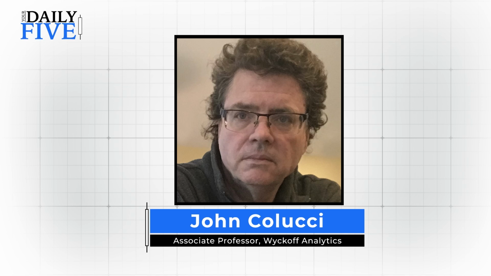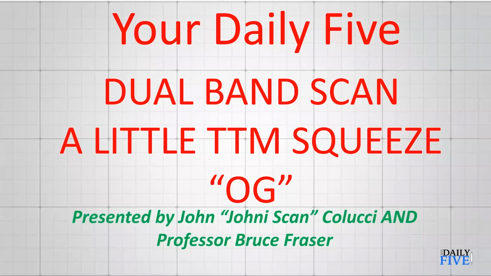We just completed a sister scan to this one, which we did on April 20th. So go check that out if you haven't seen it yet. Definitely a related scan. Last time we were banging the upper band, and this time we're going to do a dual band scan, the little TTM Squeeze, original goods, original gangster.